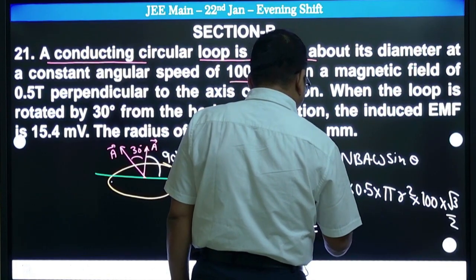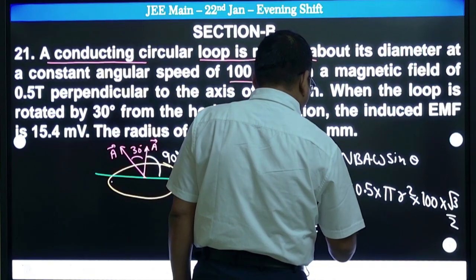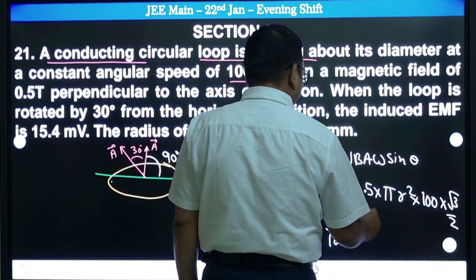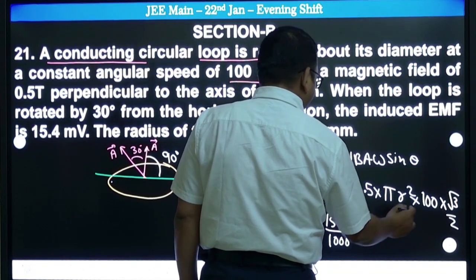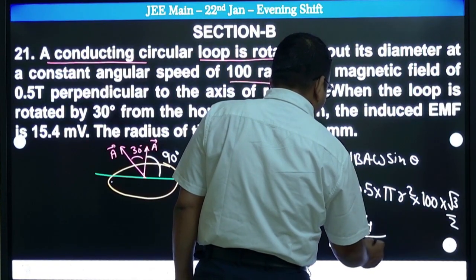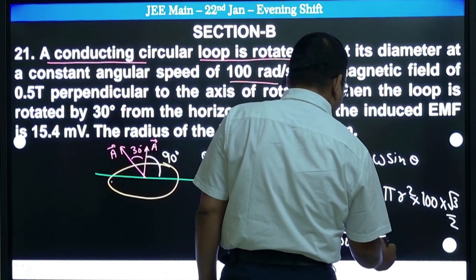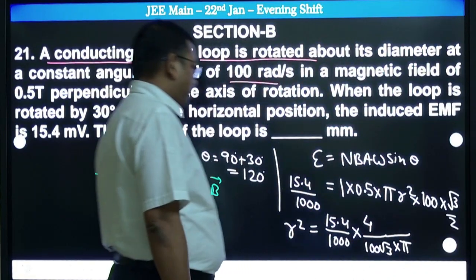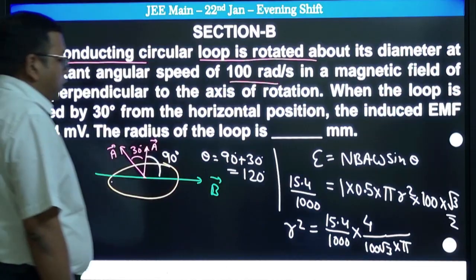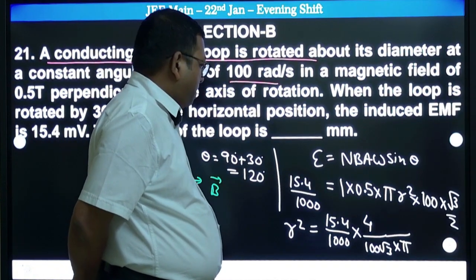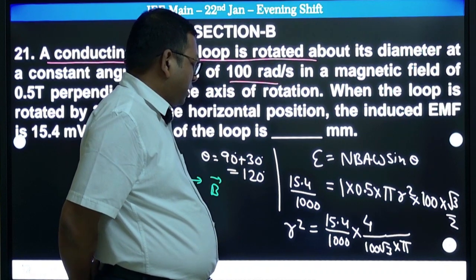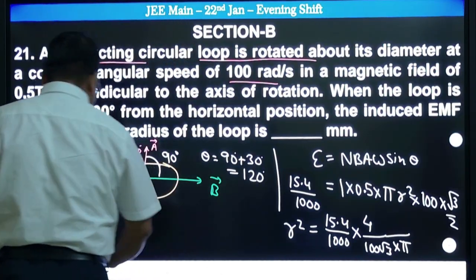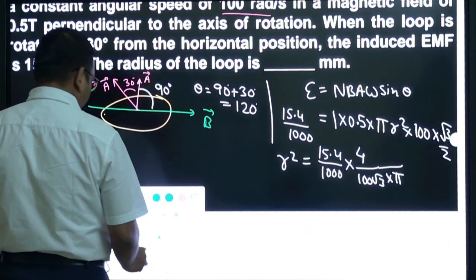So what will it be? 15.4 by 1000, into, this is half, so 4 will come here. By 100 you can take, 100 will come here, root 3 also will come here, pi will also come. What should we take as the value of pi? Should we take it as 22 by 7? Maybe that may be easy to solve. Let us take 22 by 7 and try to solve.